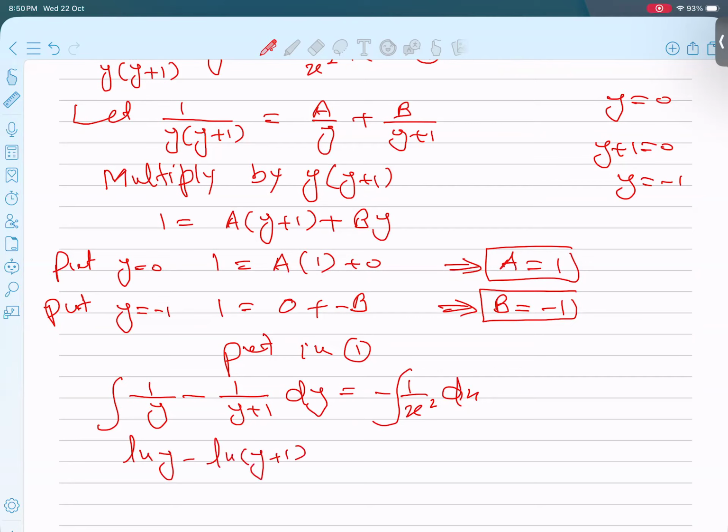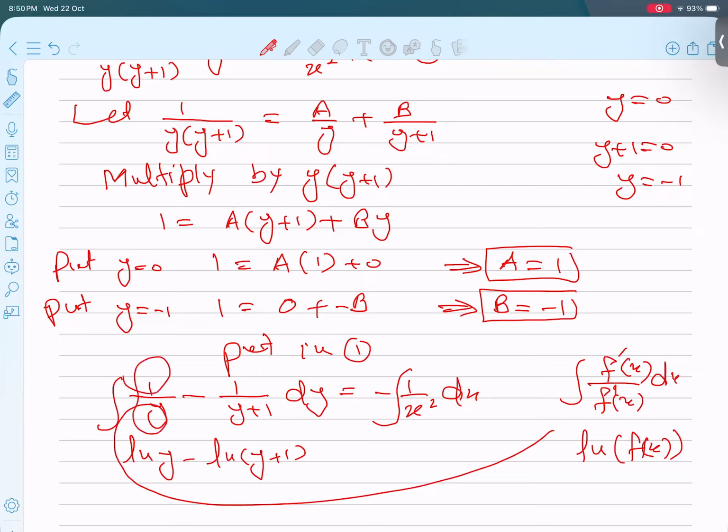You may ask the reason behind this. It's the same criteria which I taught before: if the function is in the denominator, its derivative is available in the numerator, and the power of the function is 1, the answer is log of the function. Check it: what is the derivative of y? 1, available, and power is 1, so log of y. What is the derivative of y plus 1? Again 1, and power of the whole function is 1, so log of y plus 1. I hope this is clear.